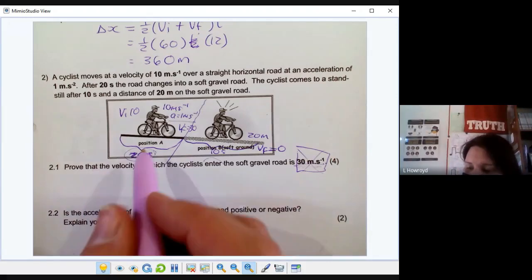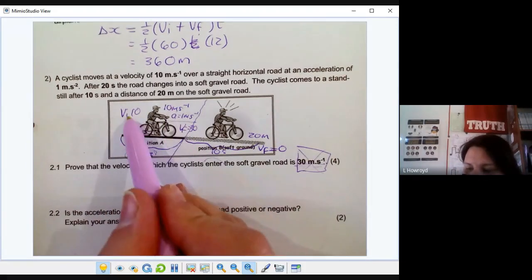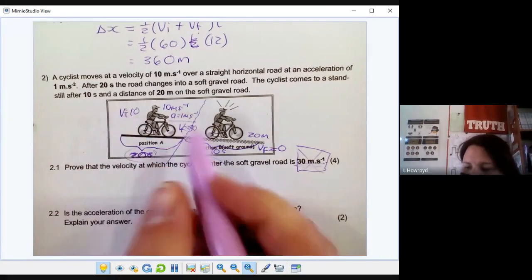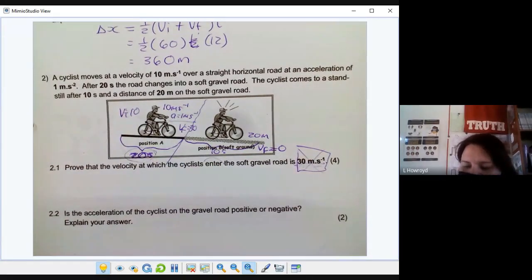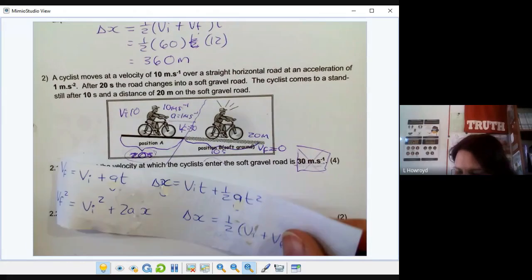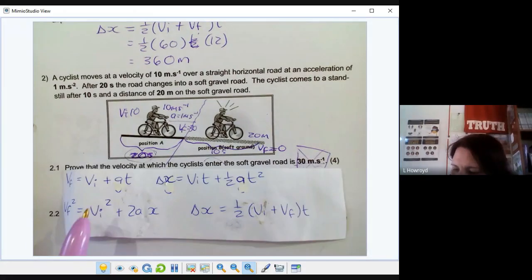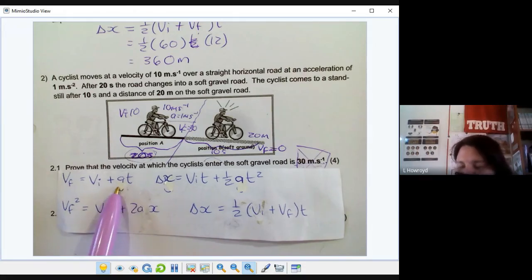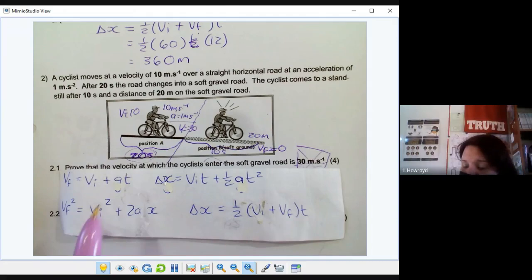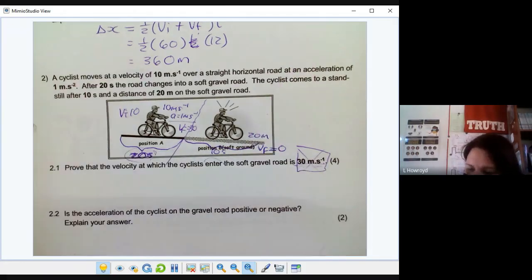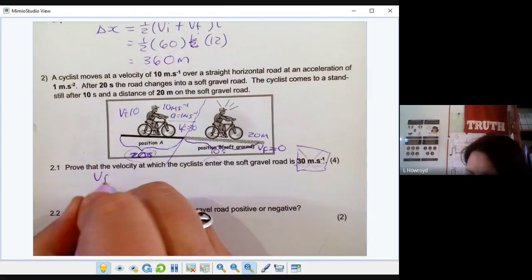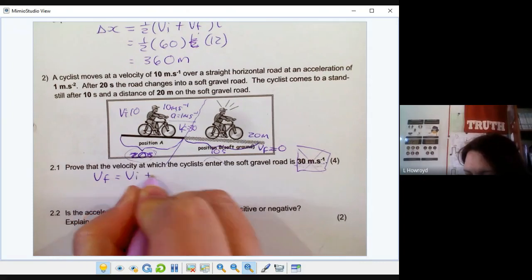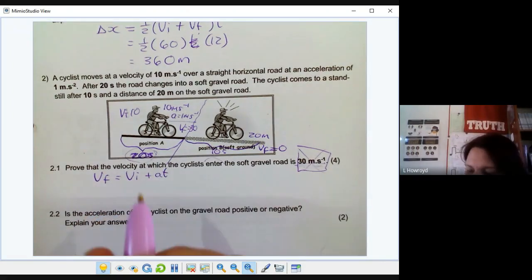Rather, we've got an initial velocity of 10, an acceleration, and a time. What are we going to use? We've got an initial velocity and time. Oh, perfect, the first one. We are trying to get our final velocity, so VF is equal to VI plus AT.